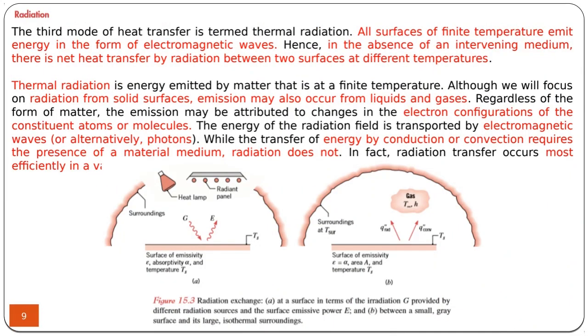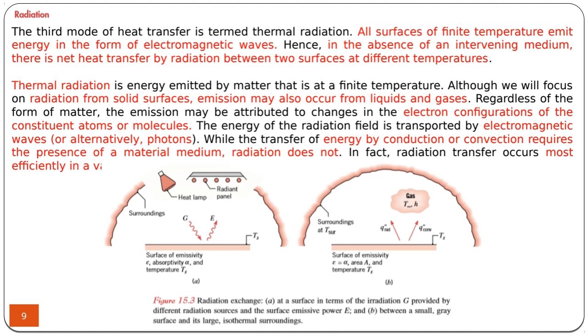The third mode of heat transfer is radiation. In radiation, it's not necessary to have a medium. So what do we mean by this? In conduction, there has to be a medium because it's the molecules or atoms that cause the conduction.